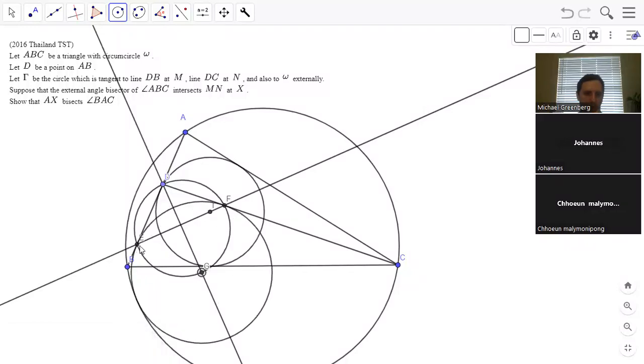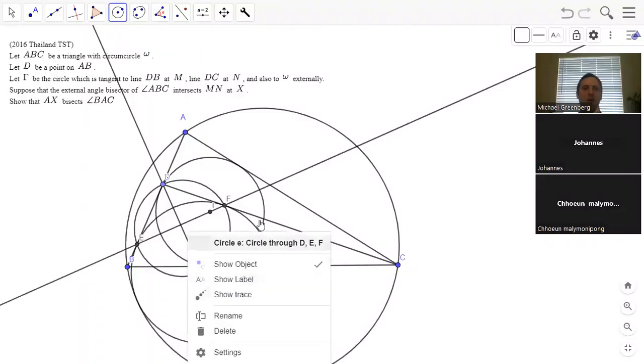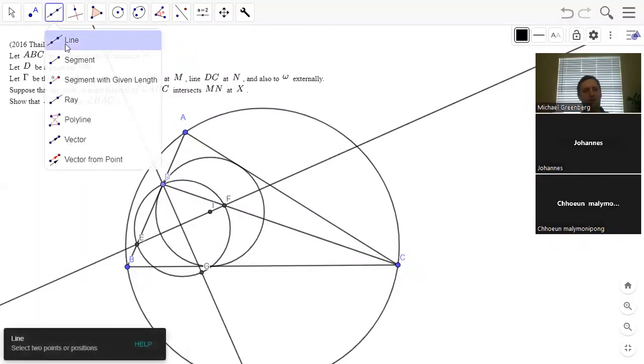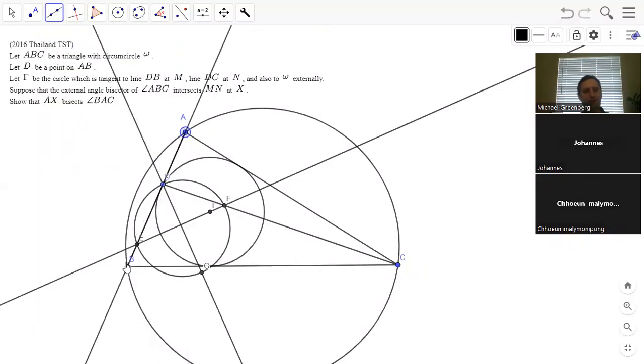Oh, wait, what does externally mean in this context? It's not super clear, is it? Does it mean that this circle gamma is on the outside of the circumcircle? I think they probably mean that.